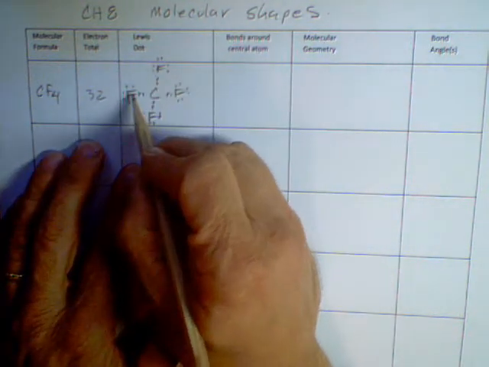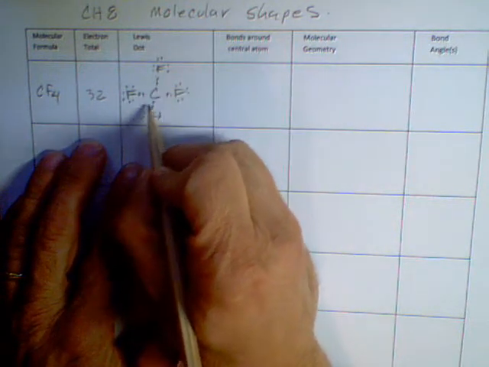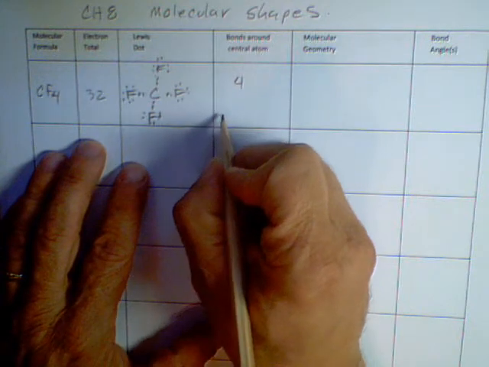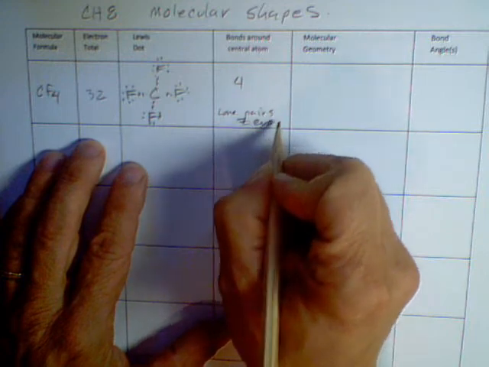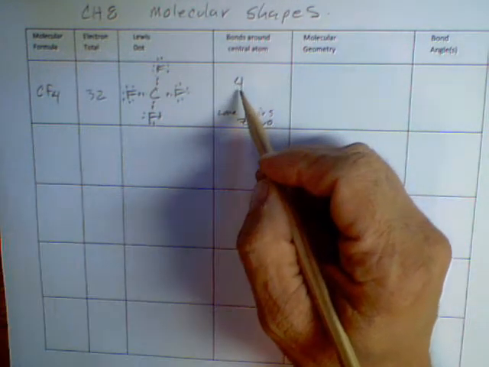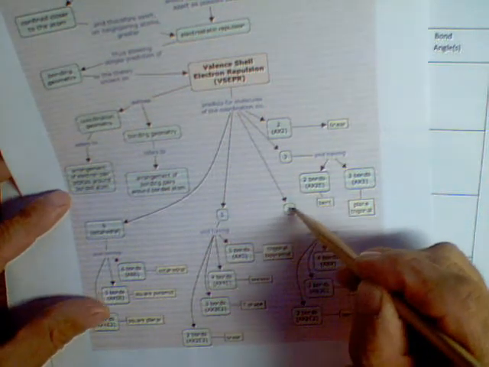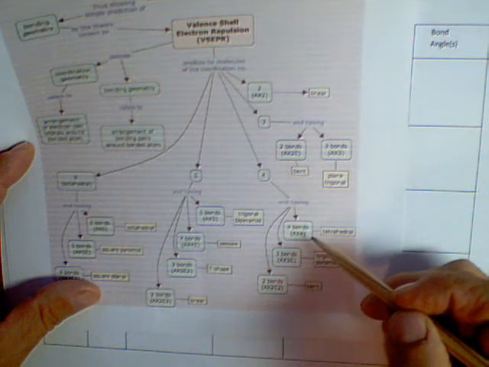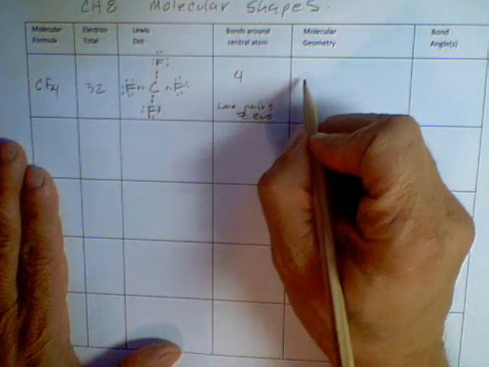Now, how many bonds are there about the central atom? Well, we've got 1, 2, 3, 4 bonds around the central atom, and we have how many lone pairs? 0 lone pairs. So with four bonds around the central atom and 0 lone pairs, the arrangement is tetrahedral, and that's just something that we're going to have to remember or look on our grid.